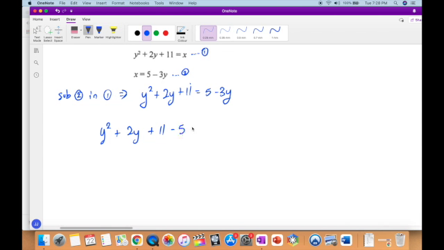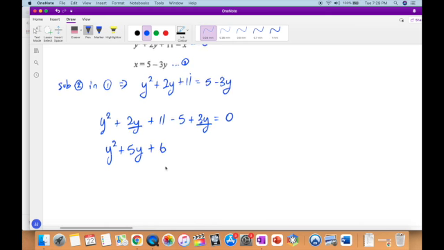I'll bring the 3y across to get positive 3y. And on this side, I'll just have 0. Okay? So now I'll have y squared. I have 2y plus 3y. So that gives me 5y. And now I have 11 minus 5, which is 6 plus 6.